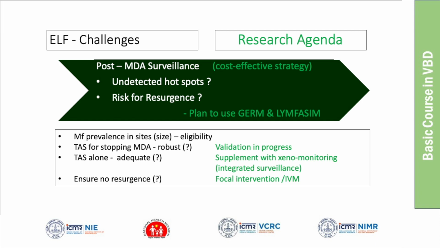And then the task for stopping MDA: whether it is a robust model or we need to do something extra. That is also a question mark. Whether the task alone is adequate to declare, or we need some more measures, because there are three tasks: first task, second task, and third task. And if all three tasks are passed, we declare elimination of that particular area.